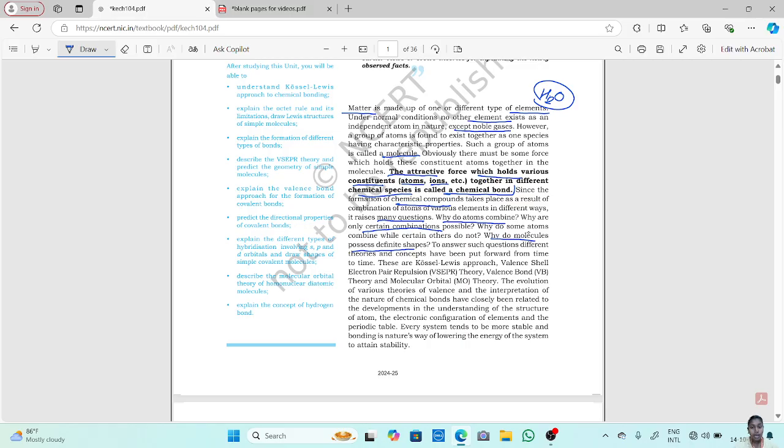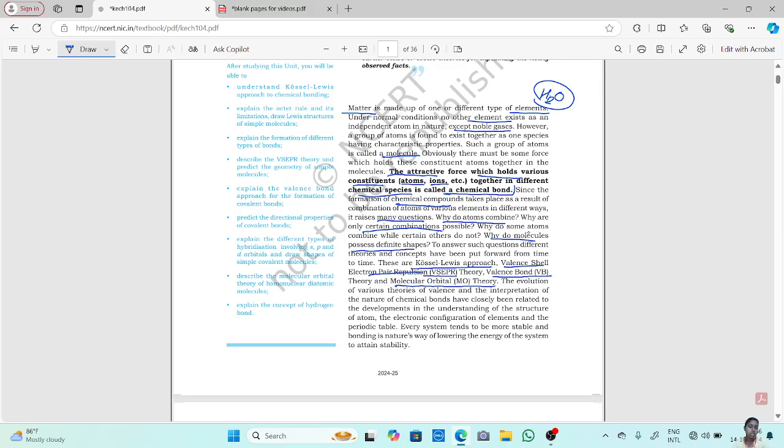Here first you have the Kössel-Lewis approach, valence shell electron pair repulsion theory, that is VSEPR theory, valence bond theory, that is VBT, and molecular orbital theory, that is MOT. These are the theories and concepts that you will be learning in this chapter. This gave rise to the evolution of various theories of valence, and the interpretation of the nature of chemical bonds has been closely related to the development in the understanding of the structure of atom, the electronic configuration of elements, and the periodic table.